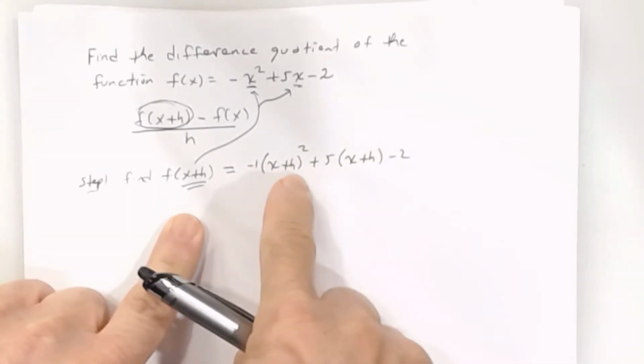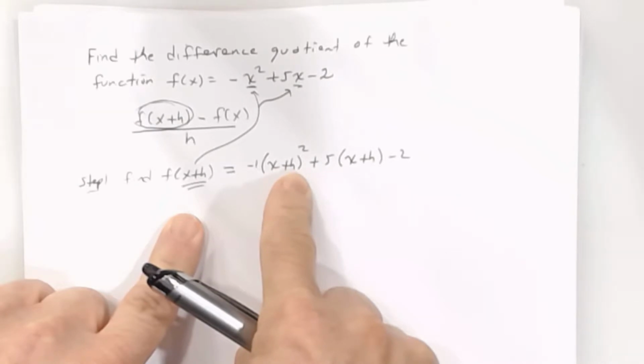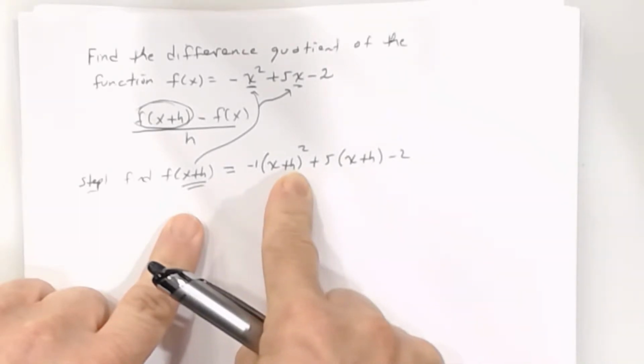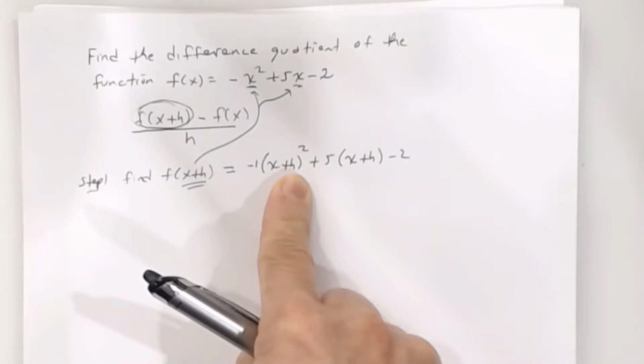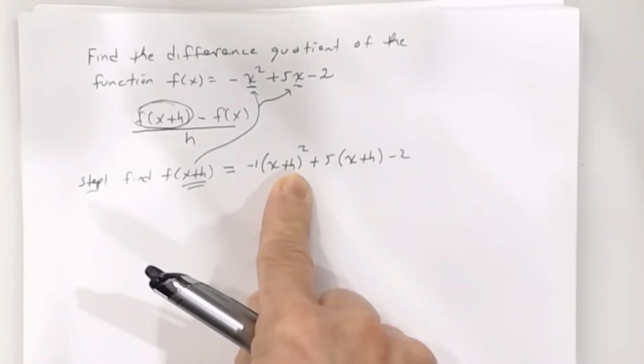Okay? Now, what is it you got to do with this part now? You see that x plus h, you got to figure out what that x plus h squared is. But it's always going to be the same. So if you did about 4 or 5 of them, you will already know what that x plus h squared is. What's that x plus h squared? It's x squared plus 2xh plus h squared.